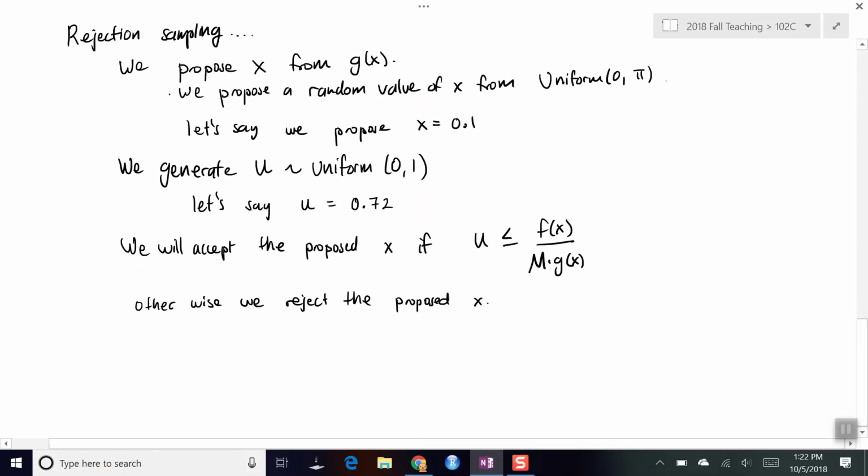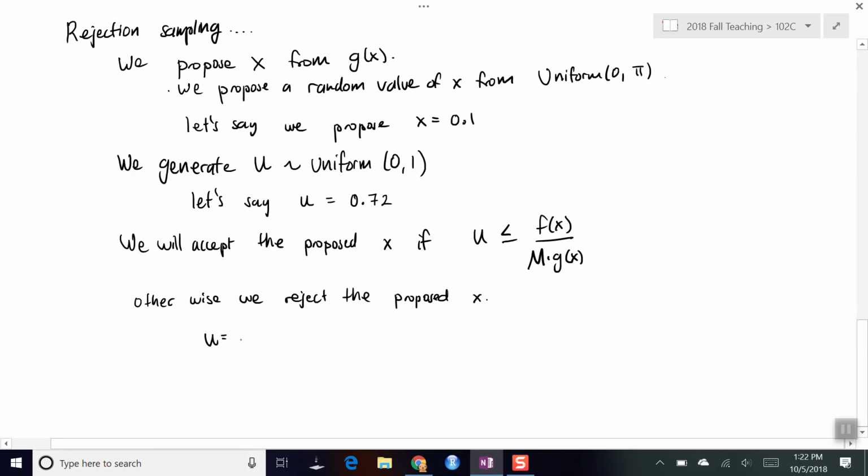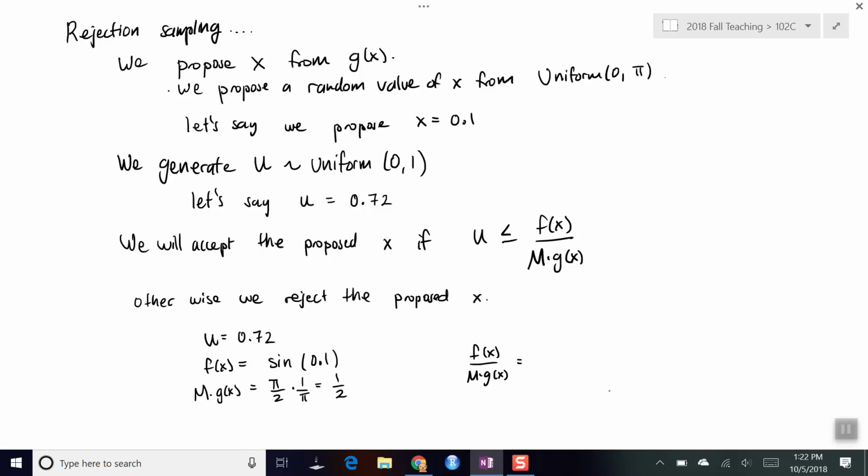Okay, so in our case, u is 0.72. f of x is going to be sine of 0.1, and m times g of x is pi over 2 times 1 over pi, equal to 1/2. So f of x divided by m times g of x is equal to sine of 0.1, what is that, in radian mode?